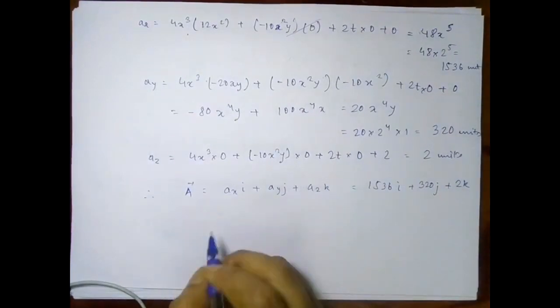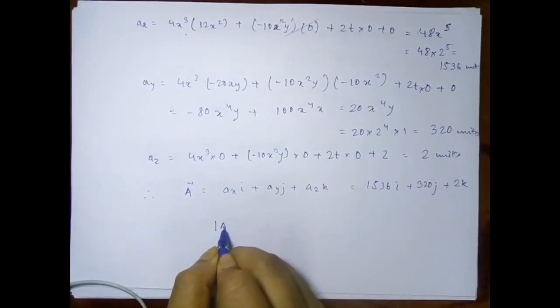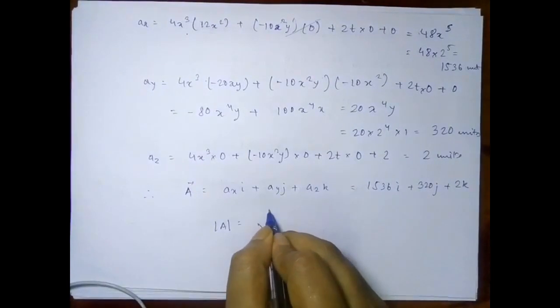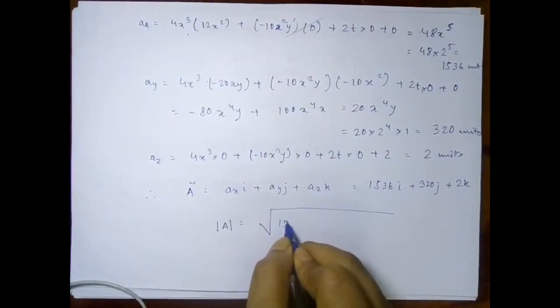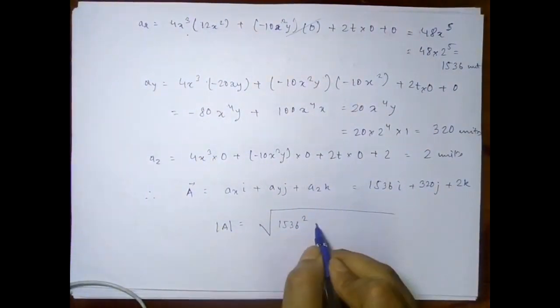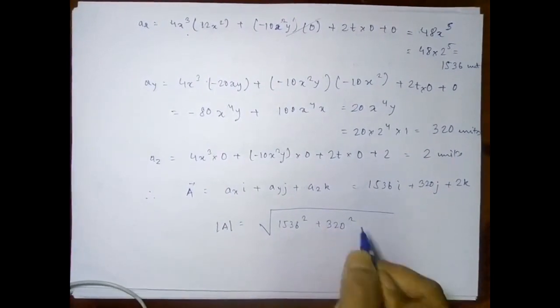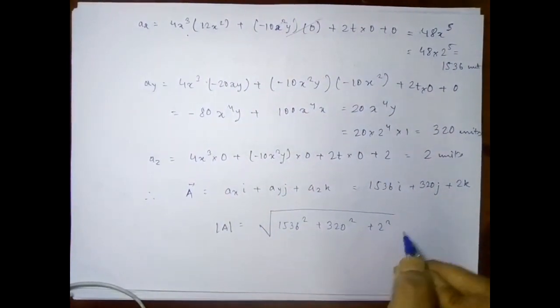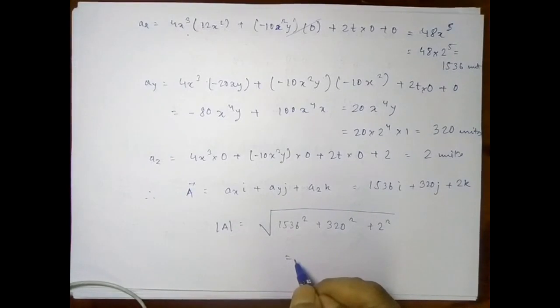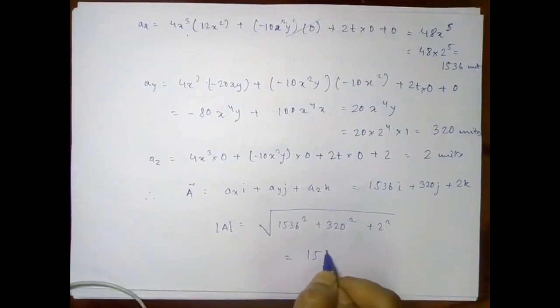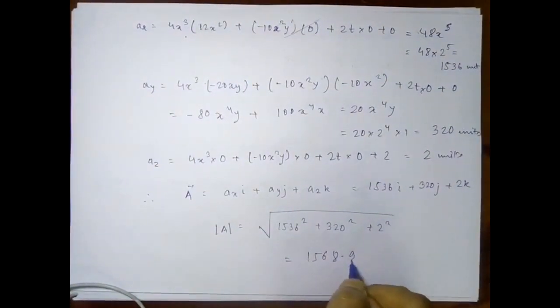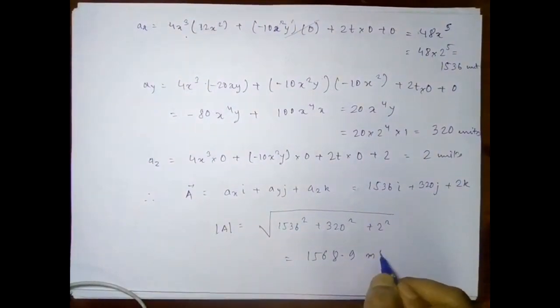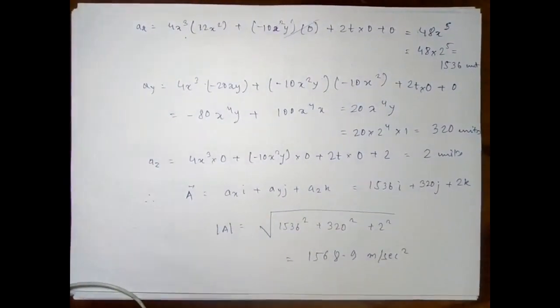And now the magnitude of the acceleration will be square root of 1536 square plus 320 square plus 2 square, and that is equal to 1568.9, and the unit shall be meter per second square, as the time is in second and the distances are in meters.